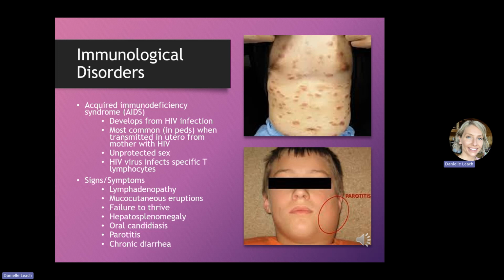They can be at risk for oral thrush, parotitis, which is basically inflammation of the parotid gland, which is that bottom picture, chronic diarrhea. Basically, they are at risk for catching any sort of infectious disease that they are exposed to, since HIV does infect these specific T lymphocyte cells and diminishes their immune system.